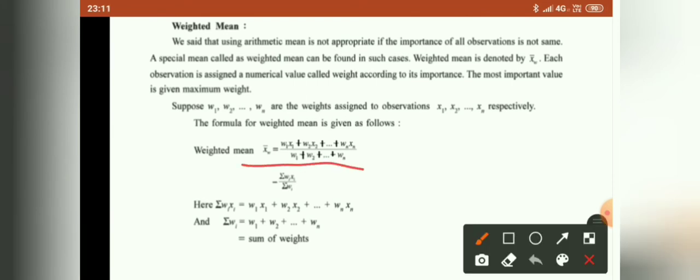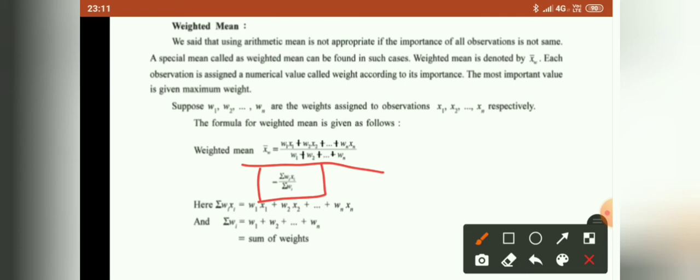The formula of x bar w, that is weighted mean, is w1 x1 plus w2 x2 till wn xn upon w1 plus w2 and so on, where x1, x2 are observations multiplied by their weights. You can also write it as sigma wx upon sigma w.